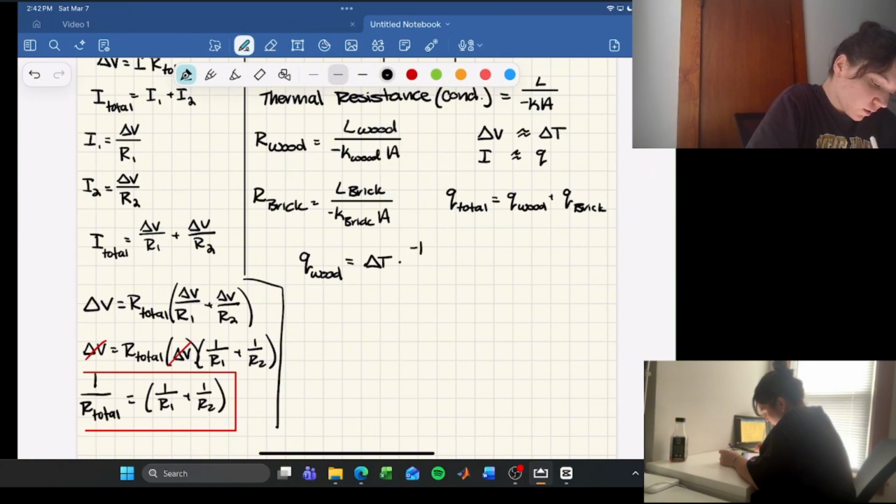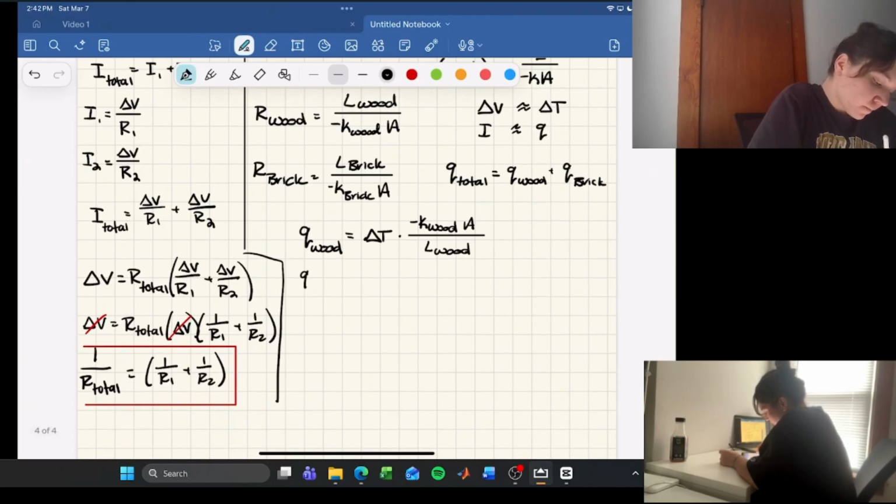This is going to be the thermal conductivity of the wood times the area over the length of the wood. And we're doing the same thing for the brick. The heat flow through the brick is equal to the change in temperature times the thermal conductivity of the brick times the area over the length of the brick.